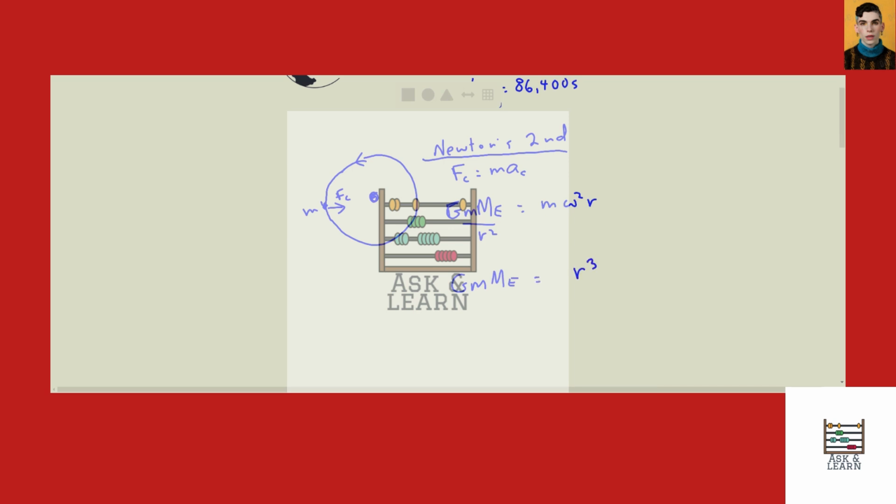So we get that r cubed is 1 over omega squared, and we can put in for the period. Oh, and let's see, the mass cancels, thank you. The mass of the orbiting small object cancels, but not the mass of the Earth.